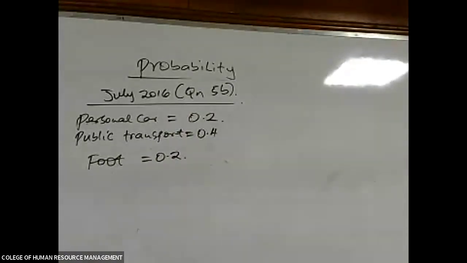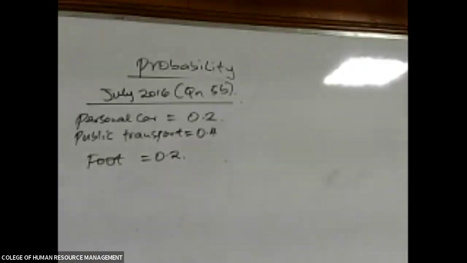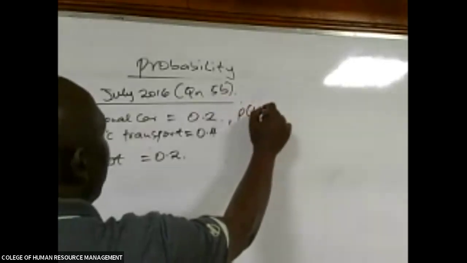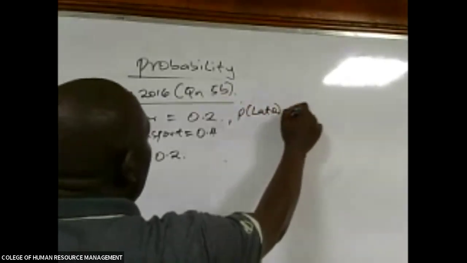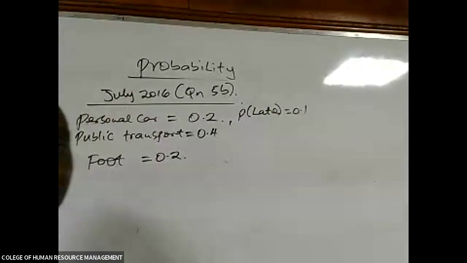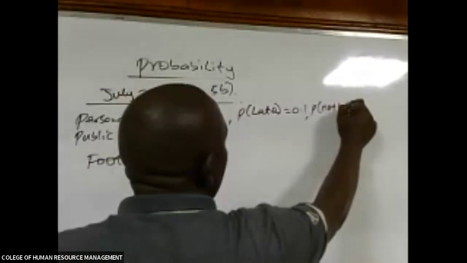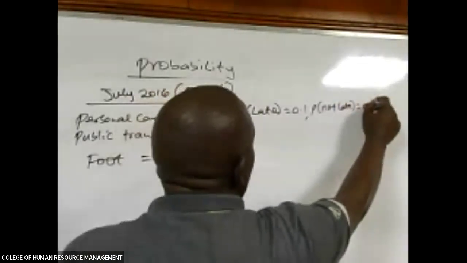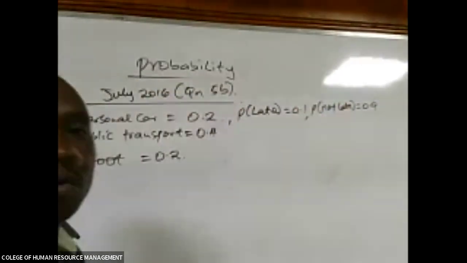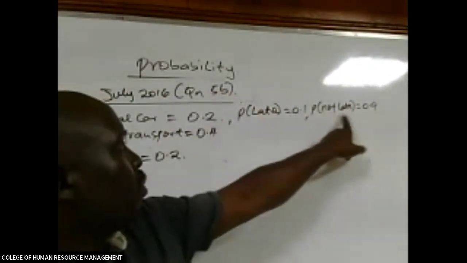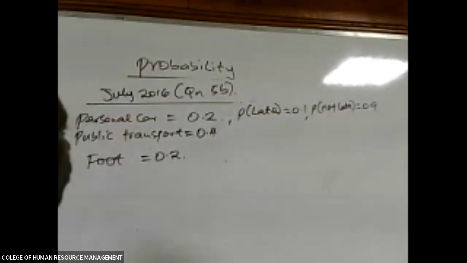The probability of being late for work using the three modes of transport is given. If he uses the car, probability of being late is 0.1. Meaning the probability of not being late is 0.9, 1 minus this. If you have given the probability of being late, the probability of not late is 1 minus that.